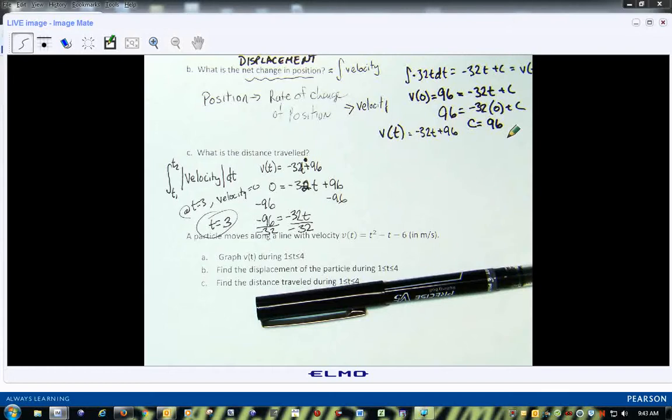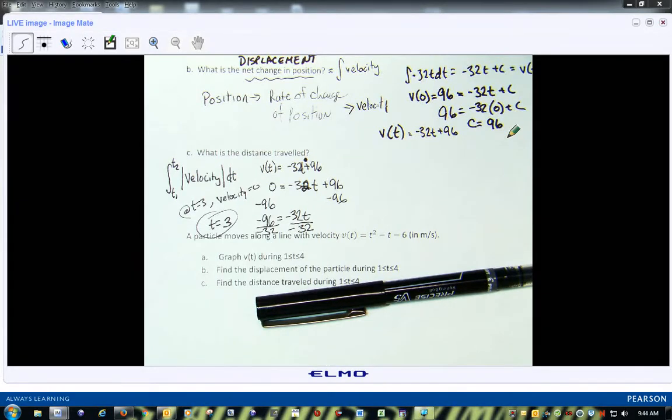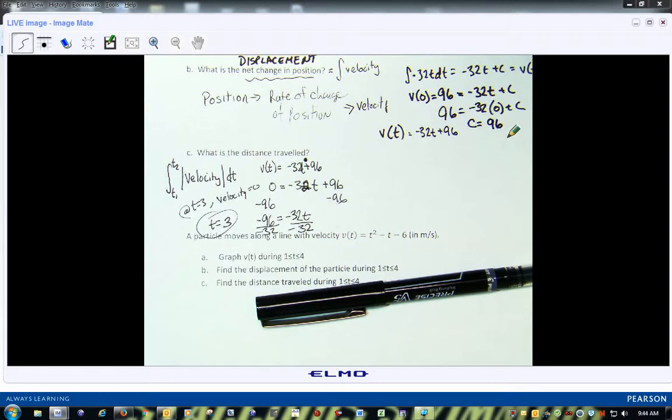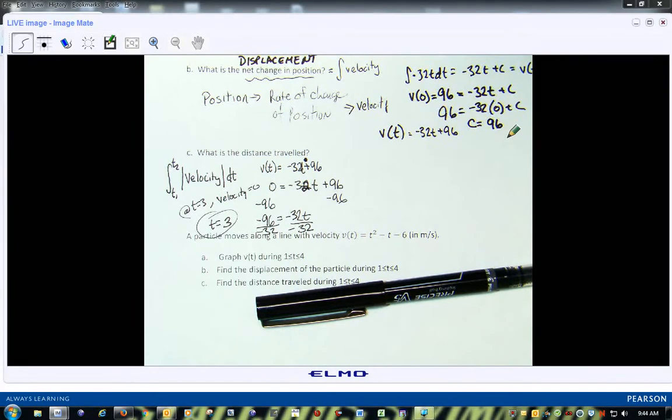So it's where it changes directions. That's what we look at with maximums, right? When we change directions. So if it's going up, then going down, and we found out at t equals 3 the velocity was 0, it's changing directions. It's going from a positive maybe to a negative. Does that kind of make sense? So the velocity stops, becomes 0, and then it changes at that point.